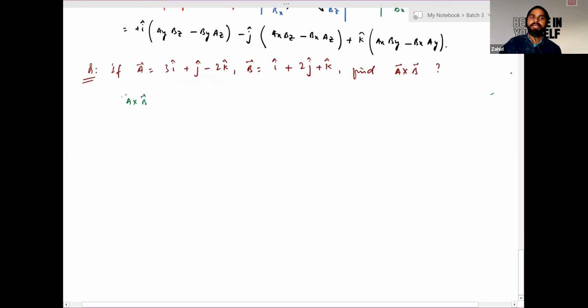You may use A cross B equals to mod of I cap, J cap, K cap, then the components of the first vector, that is A: 3, 1, minus 2, and the components of vector B: 1, 2, and 1.